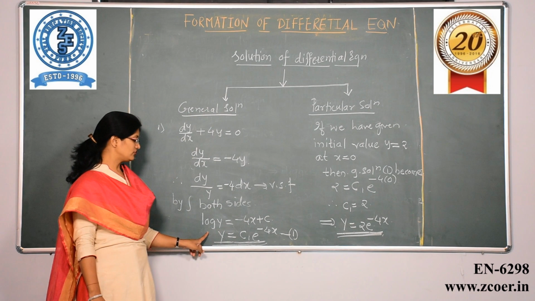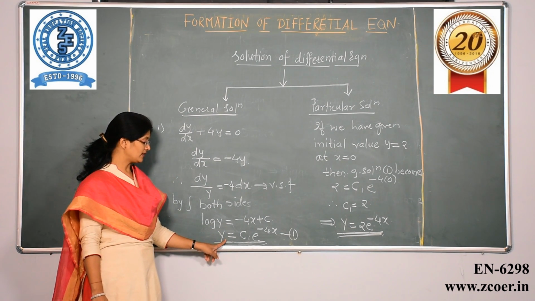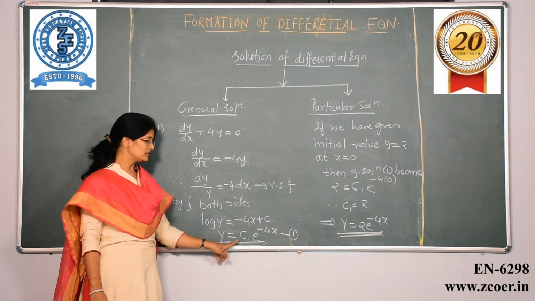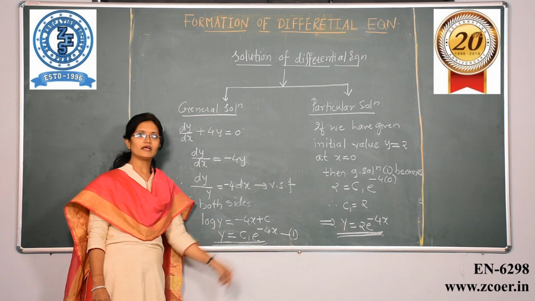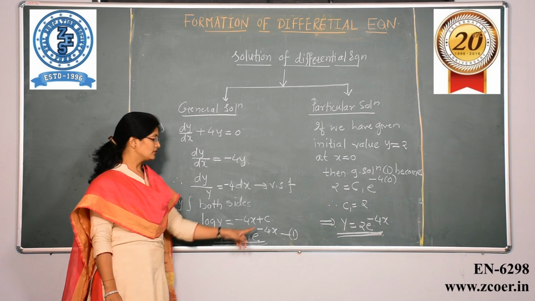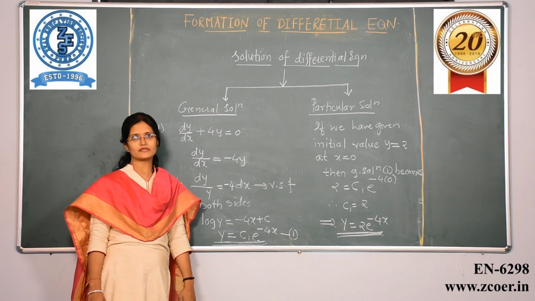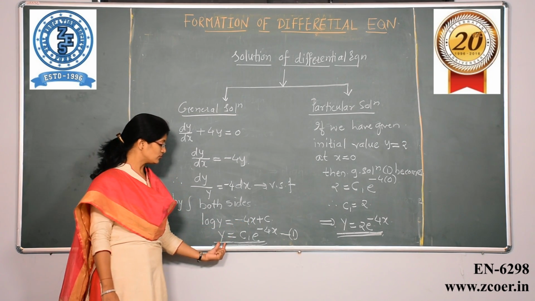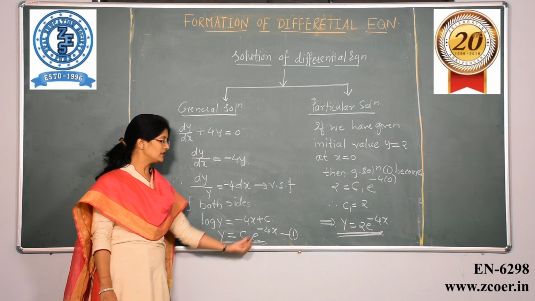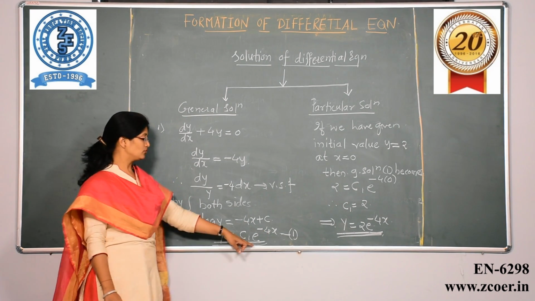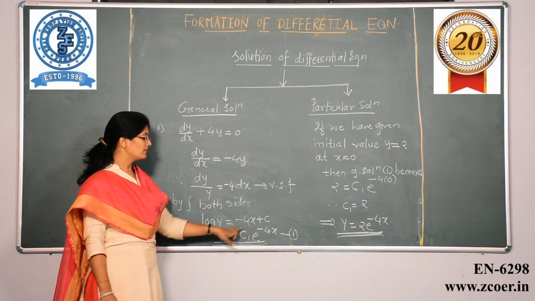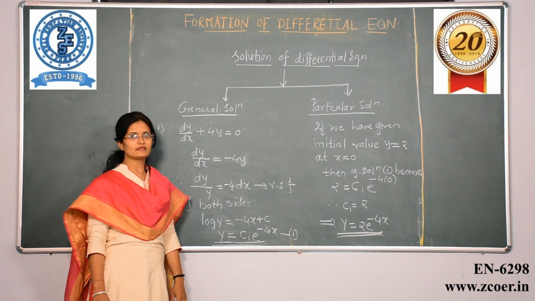When you take the exponential on both sides, you will get y equals c1 e raised to minus 4x, where c1 is nothing but the constant e raised to c. So here our solution is y equals c1 e raised to minus 4x. This solution contains only one arbitrary constant c1 in it.